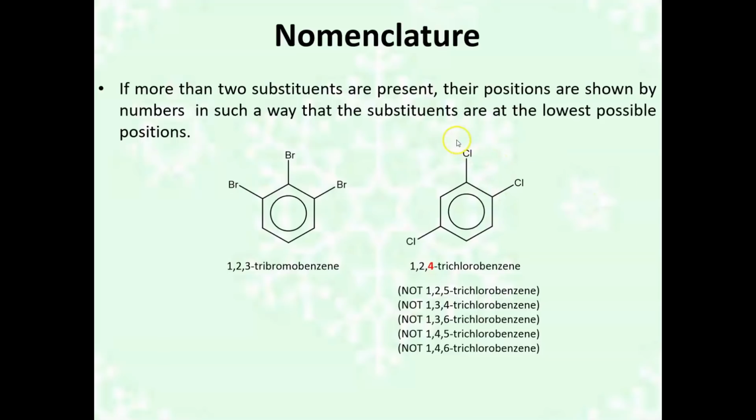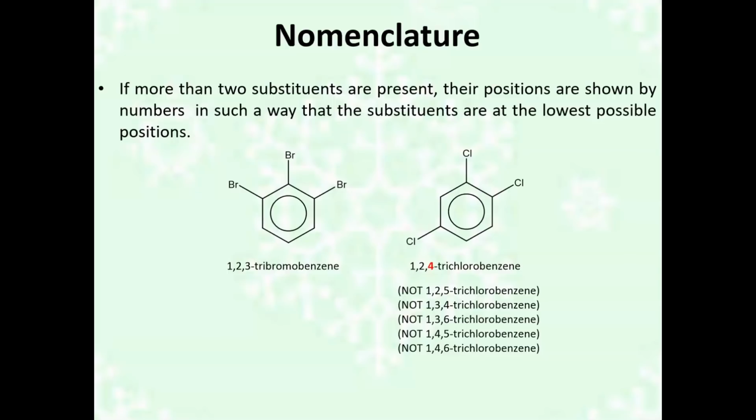Or I put this chlorine as position 1 first and turn this way around, so this one will be number 2, and here will be 5. Or I put this one as position 1 again, but turn this way around, so here will be position 3 and here position 6. So the possible numberings are 1,2,4; 1,2,5; 1,3,4; 1,3,6; 1,4,5; and 1,4,6.